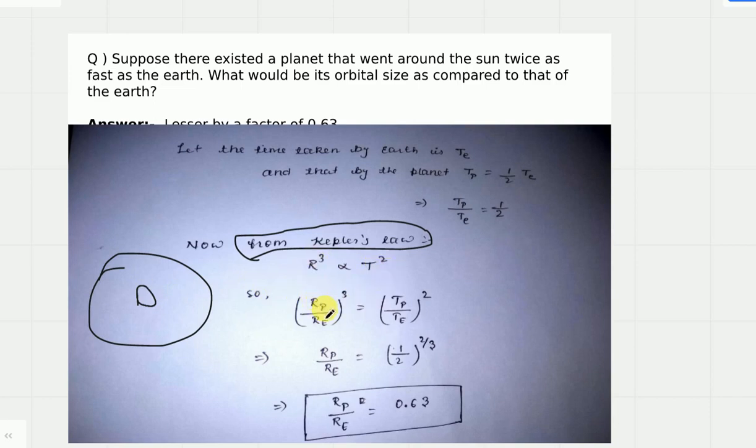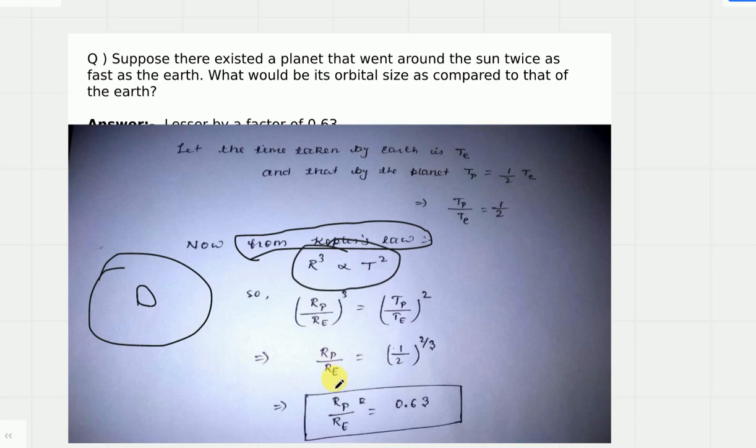So from this equation, R cube is directly proportional to T square, RP upon RE whole cube is equal to TP over TE whole square. If the 3 goes to the other side, it becomes 2 by 3.